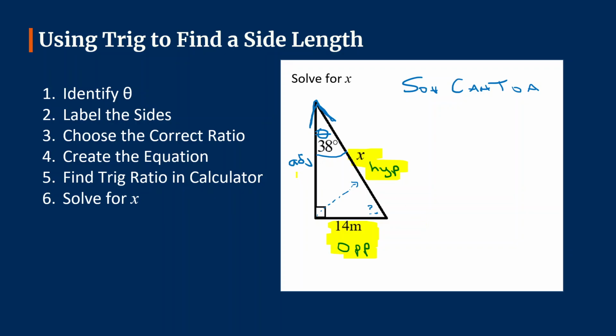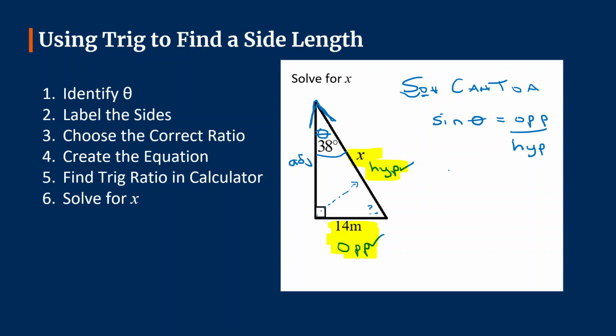And you'll see I don't know the adjacent, and I don't want to know the adjacent. So adjacent's irrelevant. I need opposite and hypotenuse. So if we look at SOHCAHTOA, sine is opposite over hypotenuse. Well, that's exactly what I want, opposite and hypotenuse. So I'm going to be using the ratio sine theta equals opposite over hypotenuse.